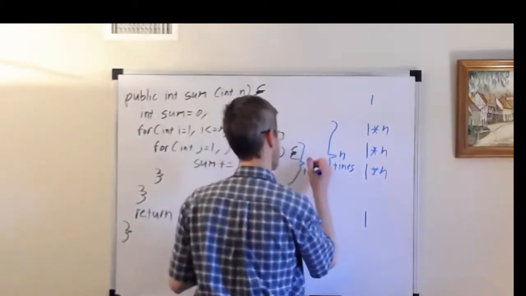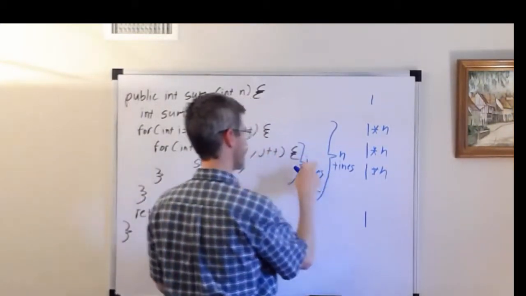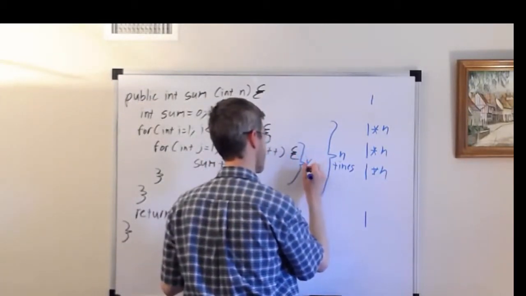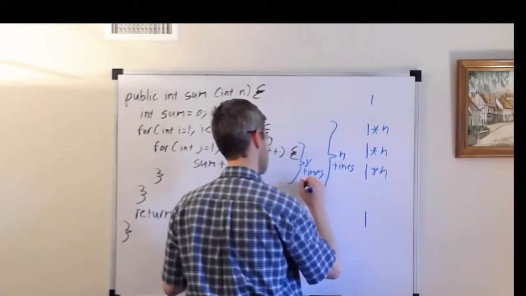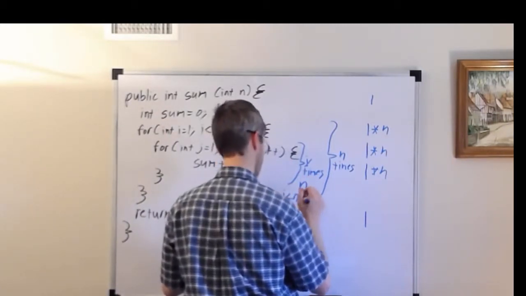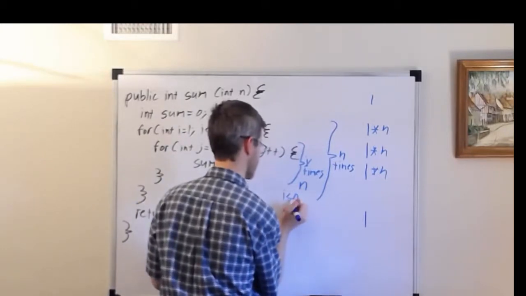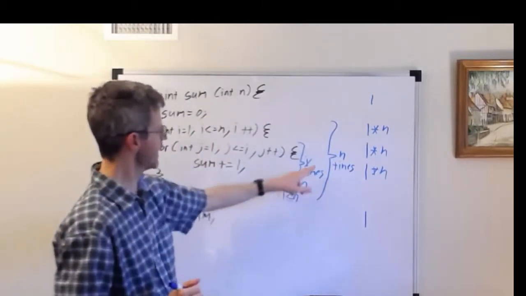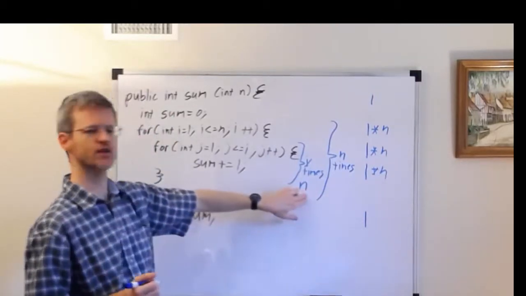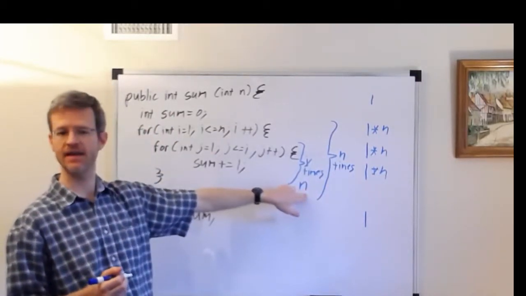But before we look at that, whereas we can say, yes, these lines execute I times, we can also say the biggest value that I could possibly be is n, right? I is less than or equal to n. So instead of saying that these lines execute I times, we can say they execute no more than n times.